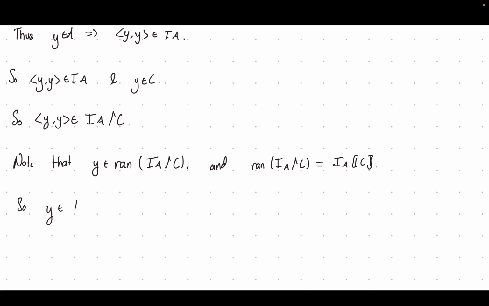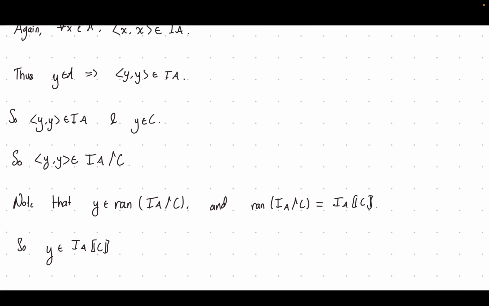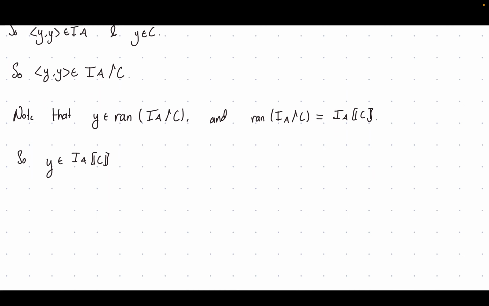So y must be in IA restricted to C. You don't have to do this step if you just know that these conditions mean that y is in this set, but in case it helps you, I'll just write it down.